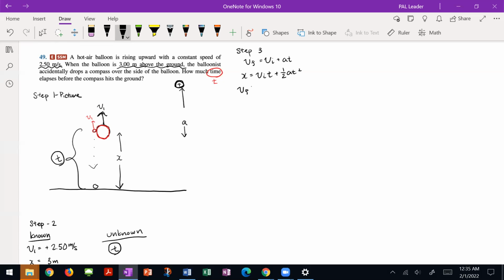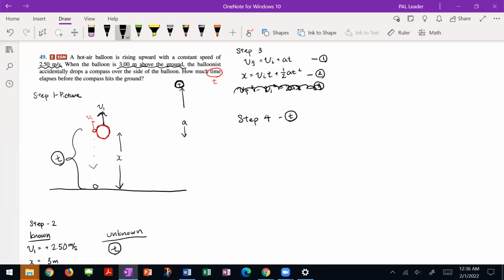And V final squared minus V initial squared equals 2AX. Let's see which equation we want to use to solve. We're asked to find t, so I'm not even going to look at number 3. It doesn't have t in it.